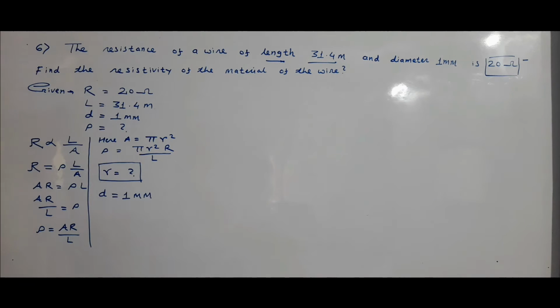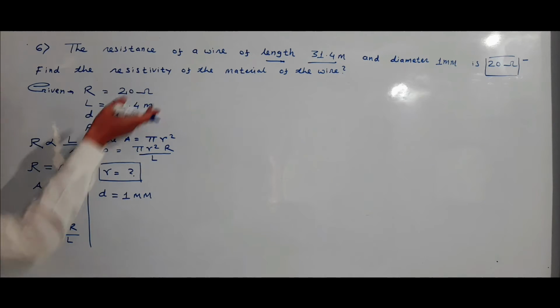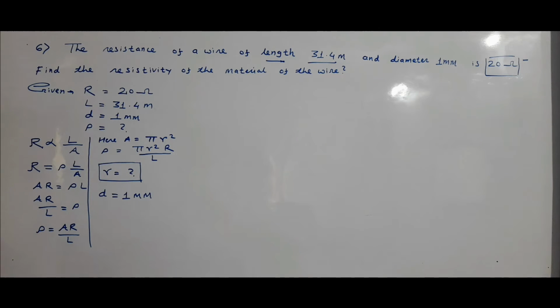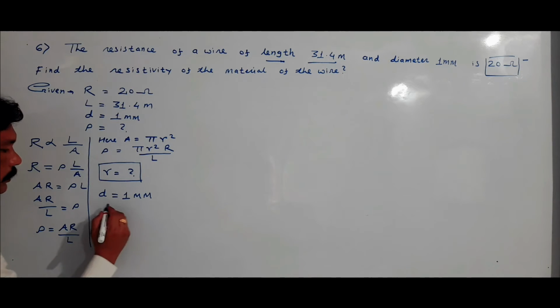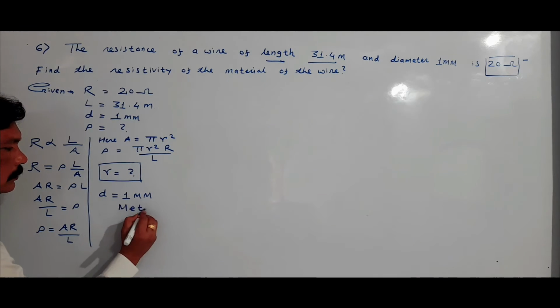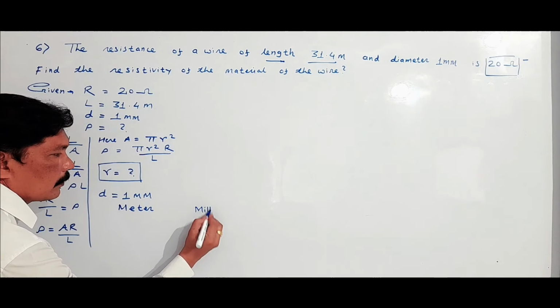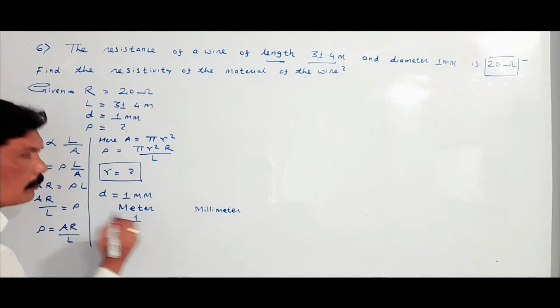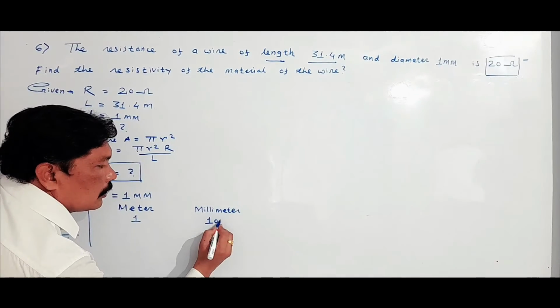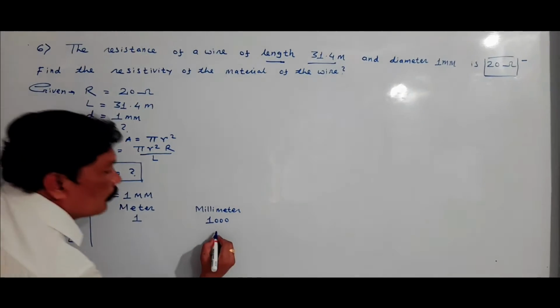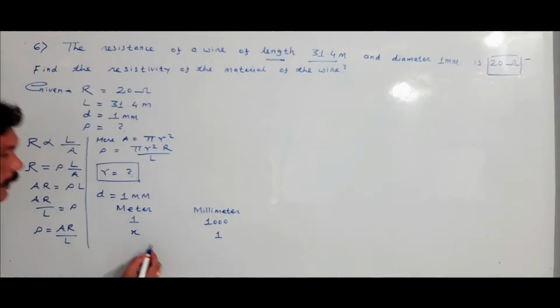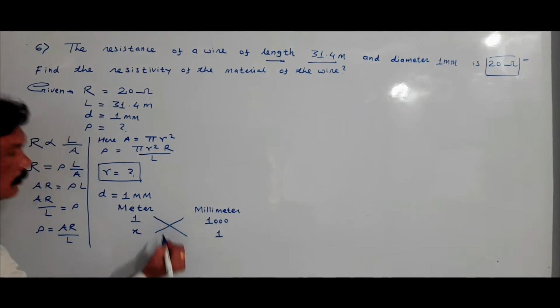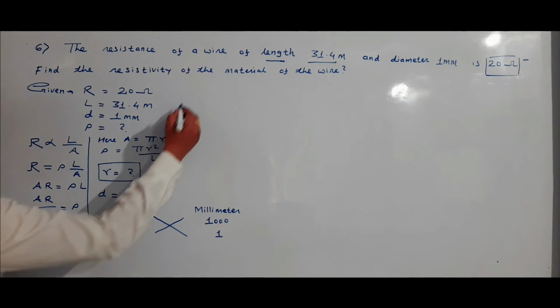Now my dear student, here length is given in meter and diameter is given in millimeter. We have to convert this diameter into meter. So we all know 1 meter is 1000 millimeter, and 1 millimeter is x meter. We'll have cross multiplication.